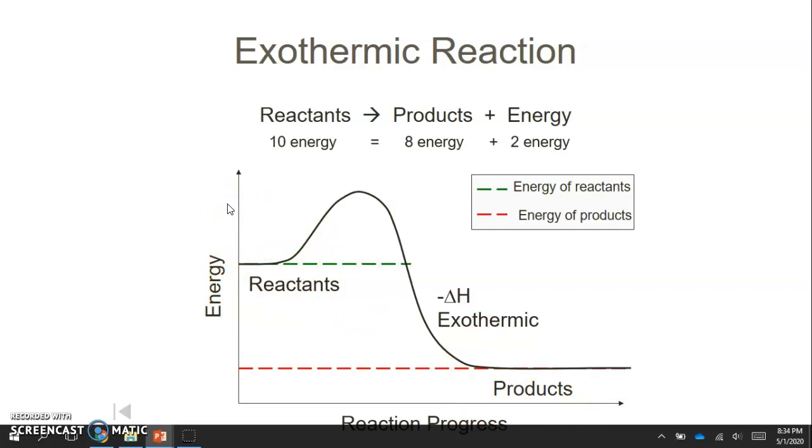So if you're looking at one of these energy diagrams and the energy of your products is lower than your reactants, you've got an exothermic process taking place. Now see here, our energy is the same. We start with 10 units of energy, and we end up with 8 in our products, and then 2 released probably as heat. Again, the overall number is being conserved, it's just being changed into different types of energy.